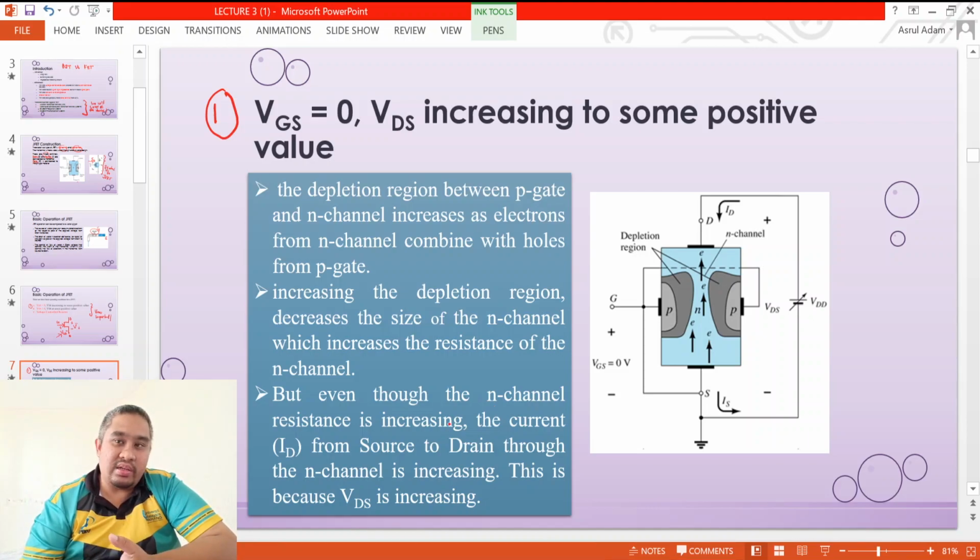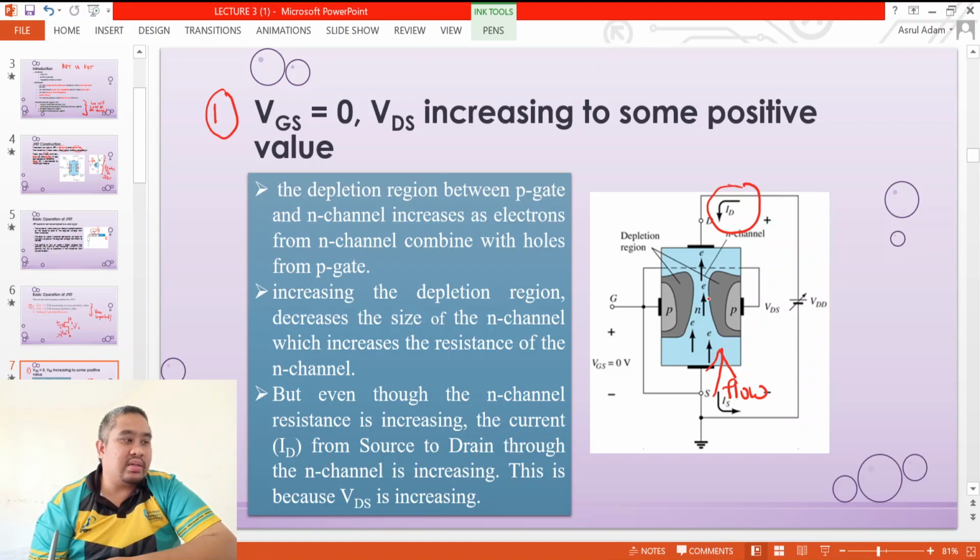But even though the N channel resistance is increasing, the current ID from the source to the drain through the N channel is increasing.